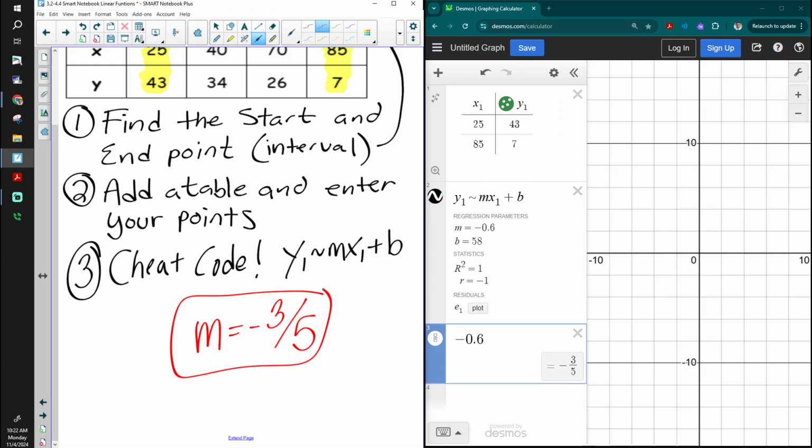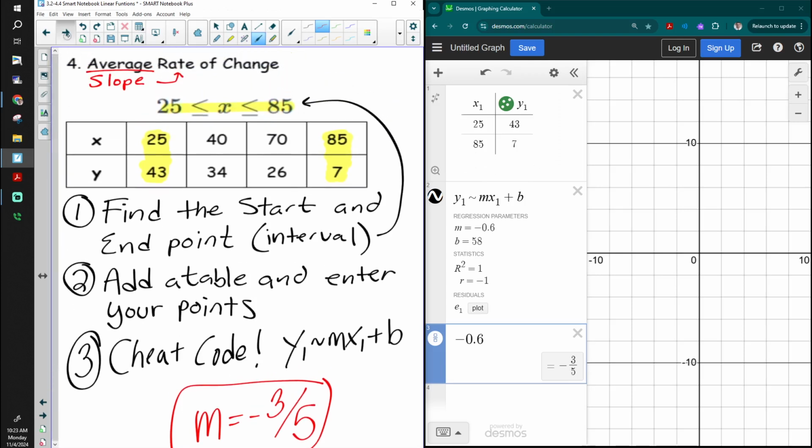Those are the only possibilities. On our quiz, there's no other tricks, there's no surprises. If I'm asking you to find the slope, it's going to be one of these 4 types of problems: from points, from tables, from a graph, or the average rate of change. That's it. No surprises.